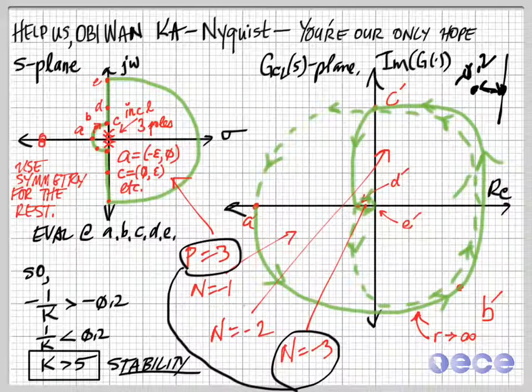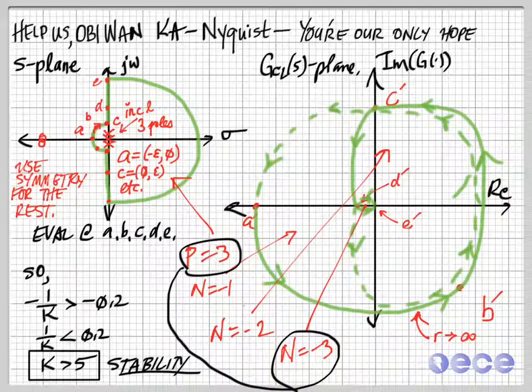Because if we're not in between there, we're not going to have 3 loops around the point. If we choose K at the right value, it's going to put us inside the value minus 0.2 on the real axis.